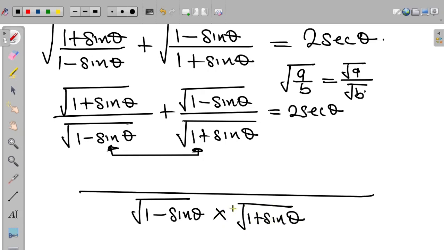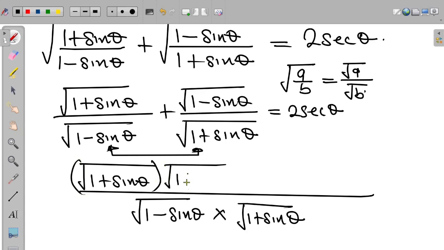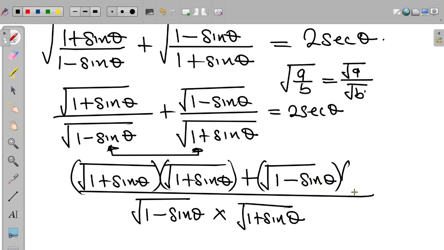Now, if the LCM divides this denominator here, we'll be left with root of 1 plus sine theta multiplied by root of 1 plus sine theta. Also, if the LCM is divided by this denominator here, we'll be left with root of 1 minus sine theta multiplied by root of 1 minus sine theta.